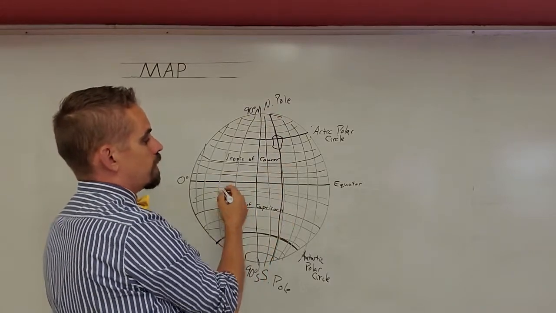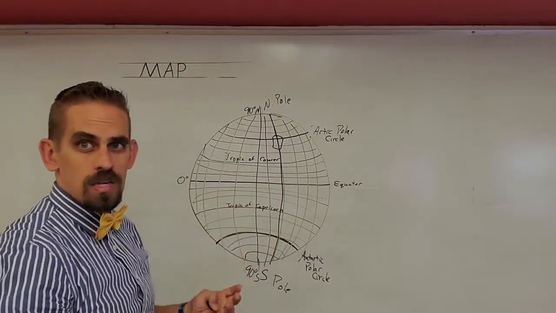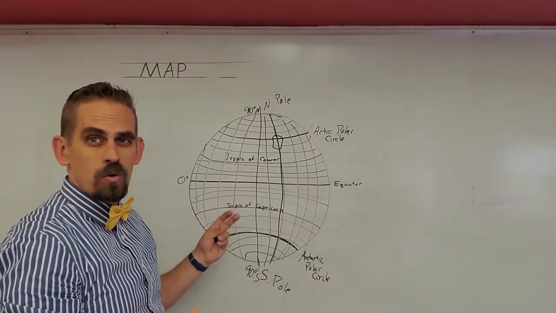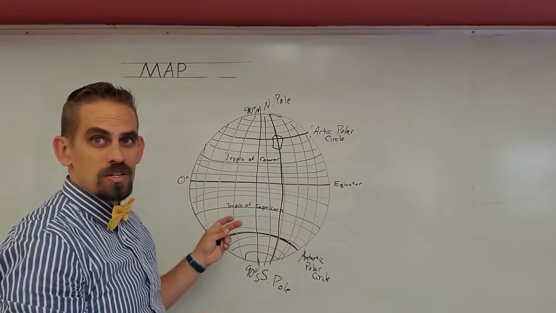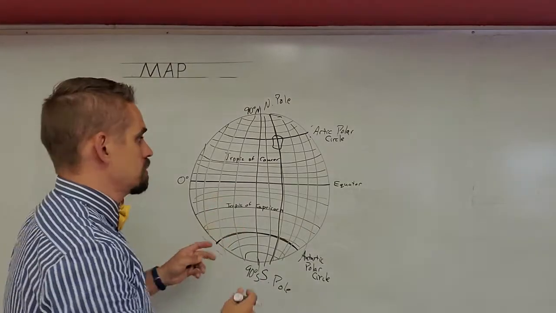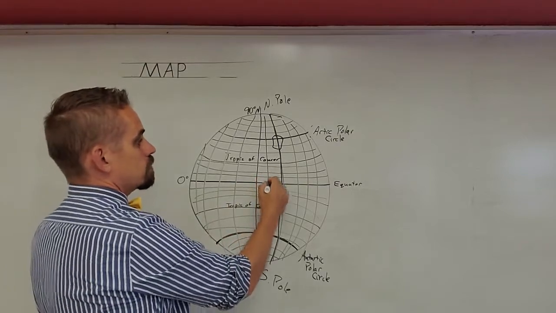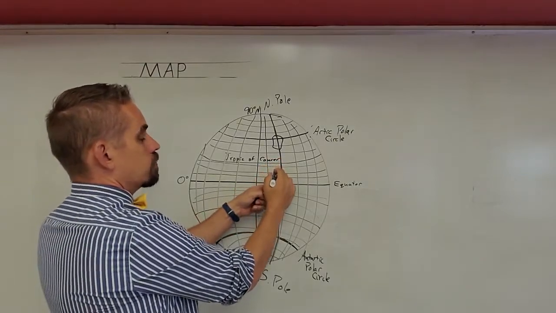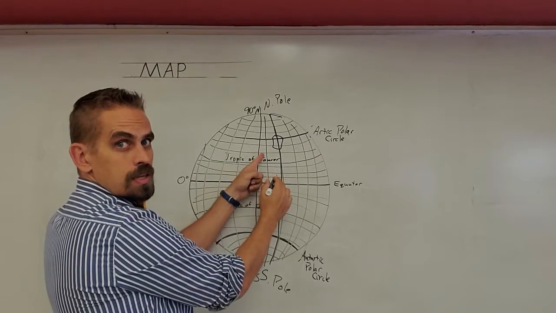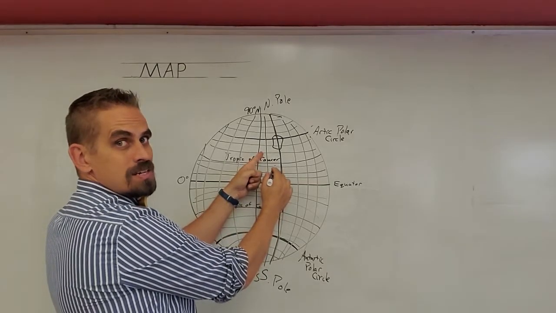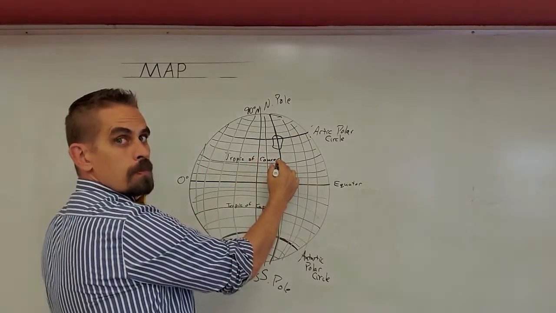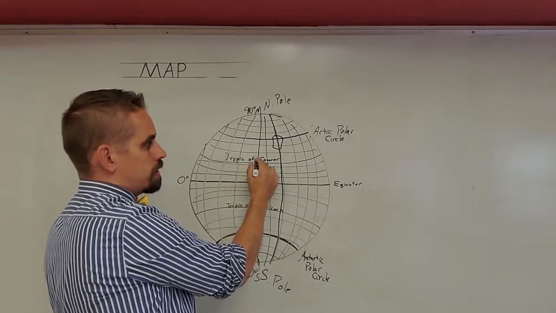If I go this way and if I want to find somewhere, and I say, okay, it's 25 degrees north, 17 degrees east. So that means it's 25 degrees north of the equator, and then 17 degrees west of the prime meridian.